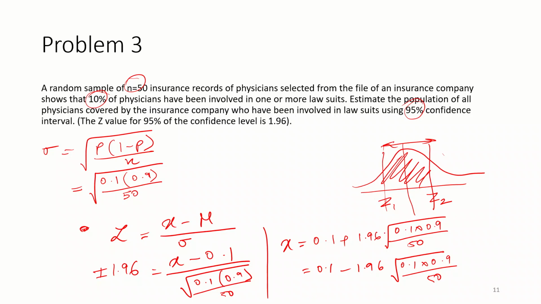So if we have to calculate the value of this root, I think this value will turn out to be 0.0134. Okay. So this will be the answer.